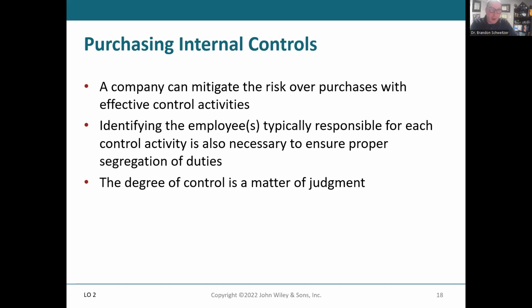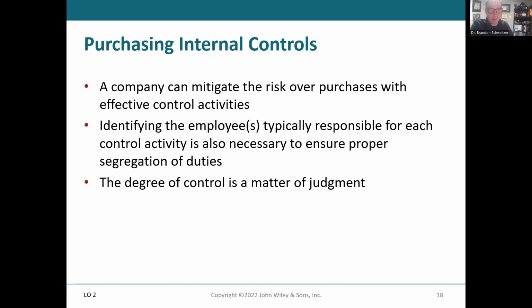So companies oftentimes mitigate their risk with purchases because, as you know, there's risk associated with all aspects of business, especially when it comes to purchasing and payment. That risk sometimes involves the over purchasing or the under purchasing of inventory.